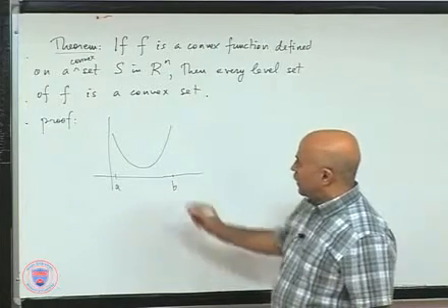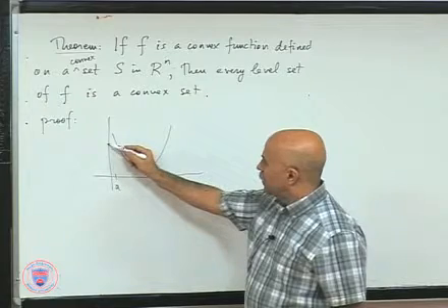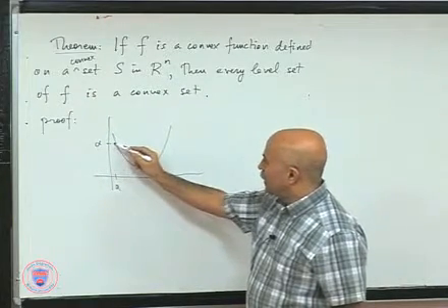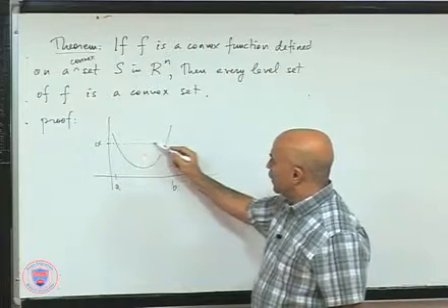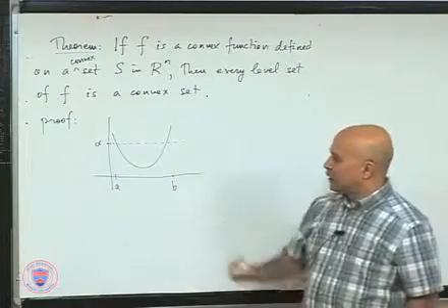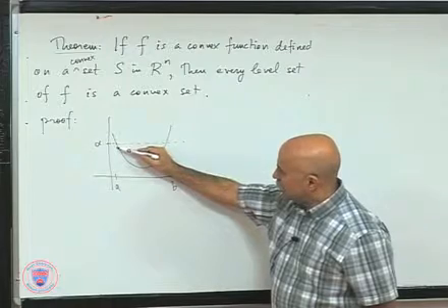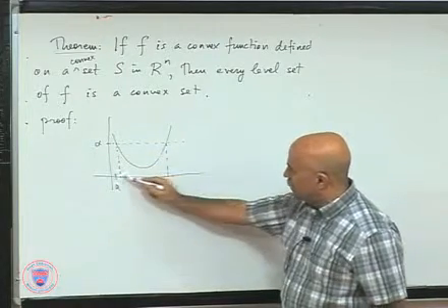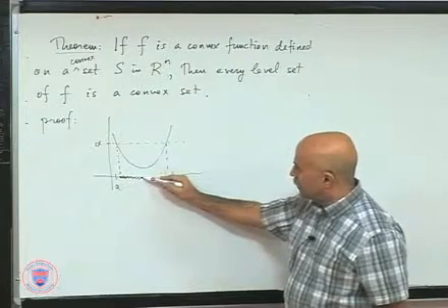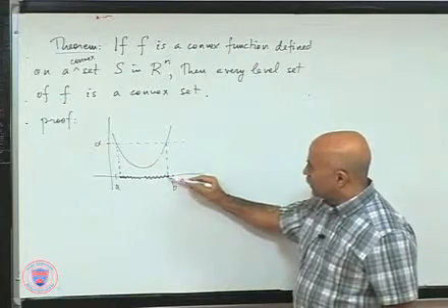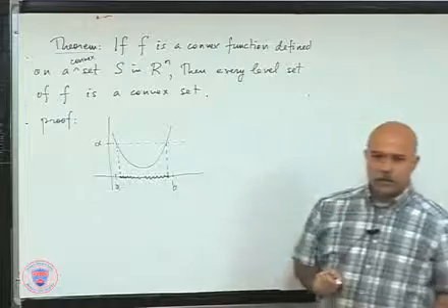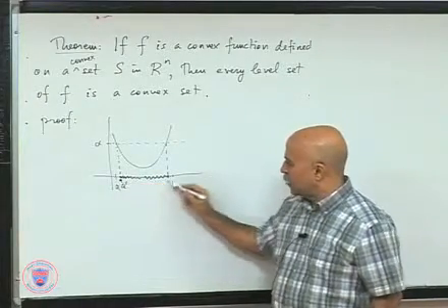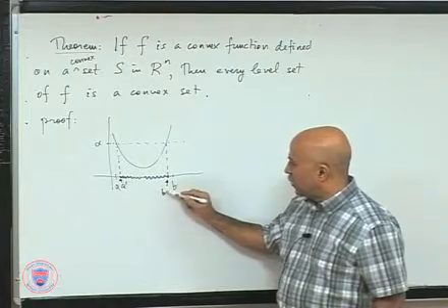Okay? And then I look at a particular alpha, and I try to identify the level set. Well, you can see that the level set corresponding to that particular alpha is the entire interval that I marked here between, say, A prime, which is this point, and B prime, which is that point.